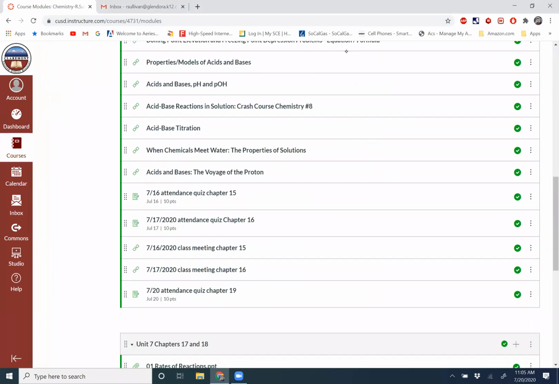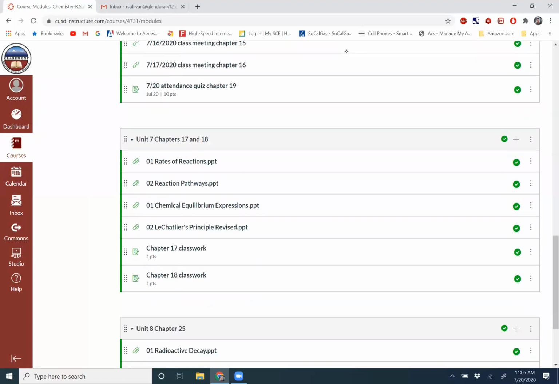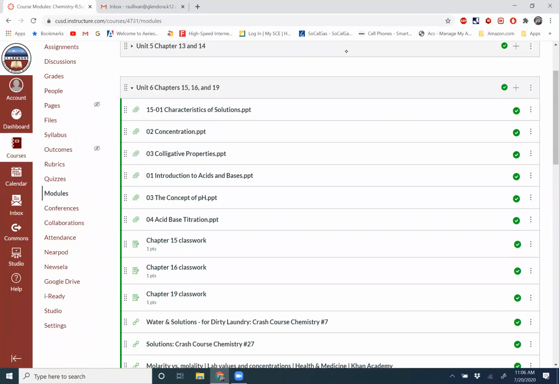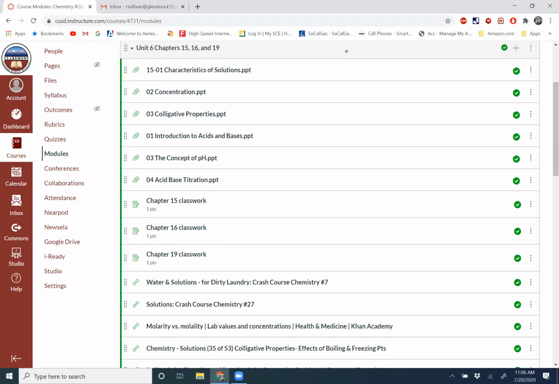Why do we jump over 17 and 18? It's because 17 and 18 are more like each other than 15 and 19 are like each other, or 16 and 19, because acids depend on concentration. Even though there is some equilibrium in there when it comes to acids, for the most part, it's more concentration than it is equilibrium.